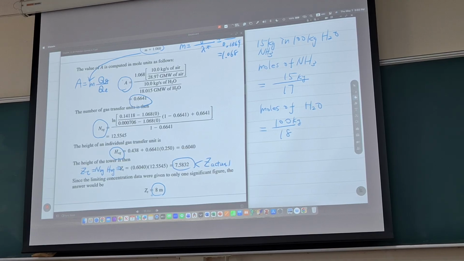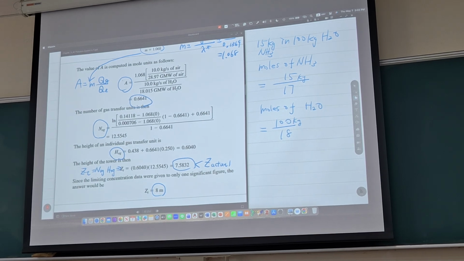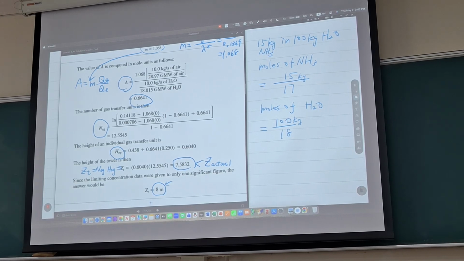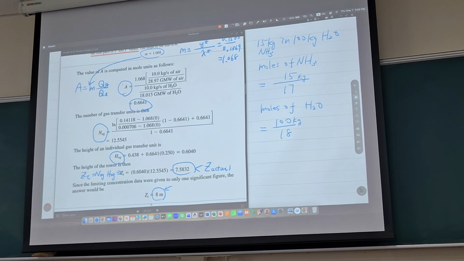Okay, so if your boss asks you to build an absorption tower, then you need to do this calculation and tell him you need to build at least 8 meter height to be effective, to remove those ammonia.